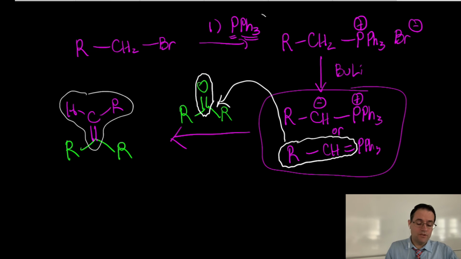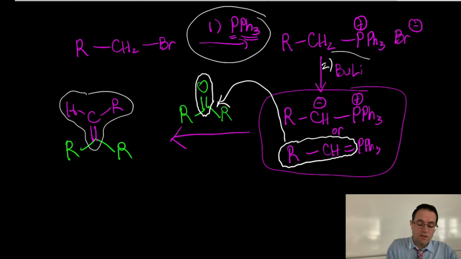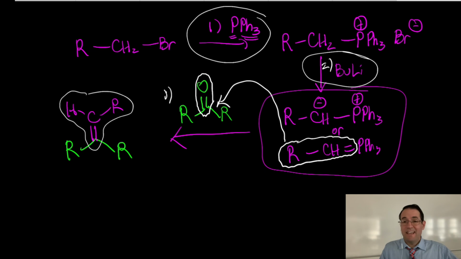So those are the 3 steps, okay? So you want to add triphenylphosphine. Step 2, add butyl lithium. Step 3, add your ketone or aldehyde, okay? And you really want to pay attention to the synthesis. Use retrosynthesis to solve these problems. So a great practice problem is 20.37, 20.38, there's just a lot of different practice problems here, okay?